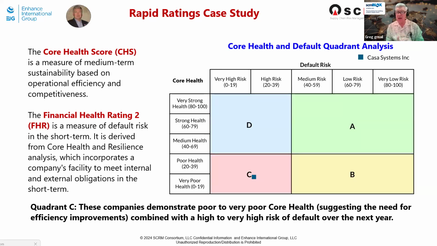And then on the top x-axis is the default rate, very high on the left to very low on the right. And then you can see the 4 quadrants. At this point in time, they said CASA was in quadrant C, which is core health very poor and high risk. Anybody in that quadrant, according to them, is at very high risk of default over the following year. And the net, before I turn it over to Jim, the net, where are they now?